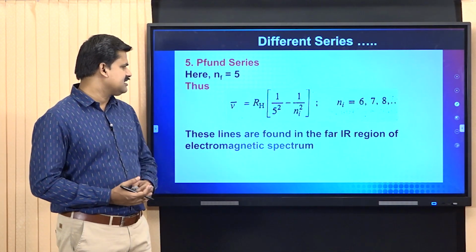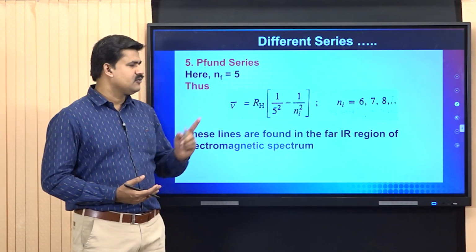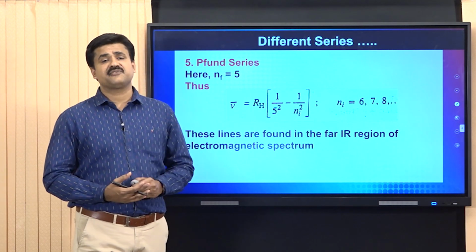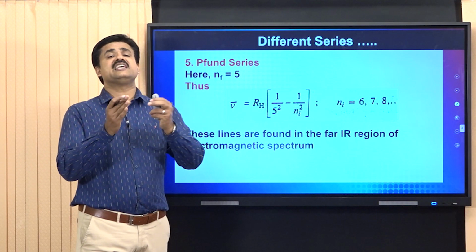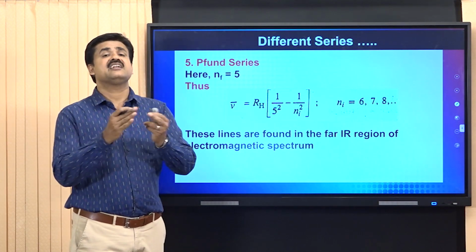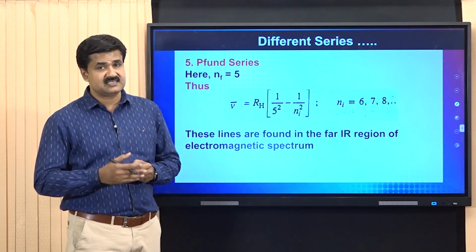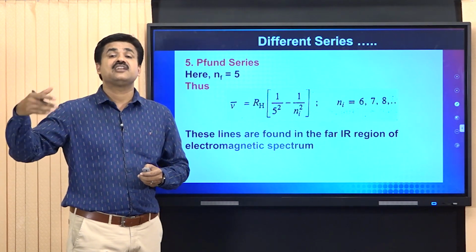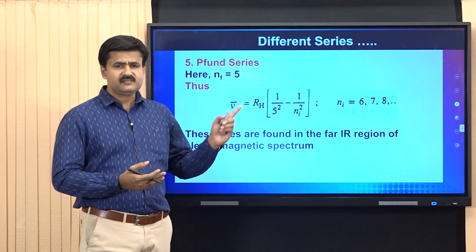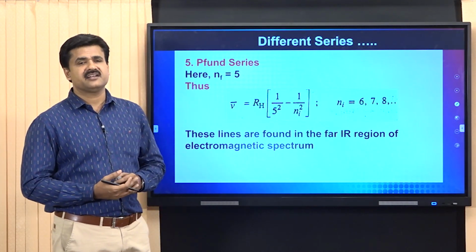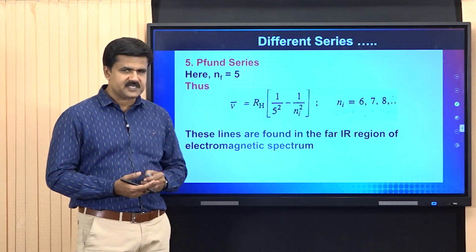It should be noted that these lines are found in the far infrared region of the electromagnetic spectrum. Since the infrared region is a broad region, we can divide it into 3 sub-regions: near infrared, middle infrared and far infrared. The Pfund series appears in the far infrared region.